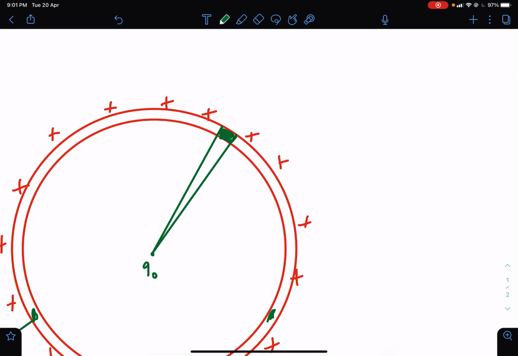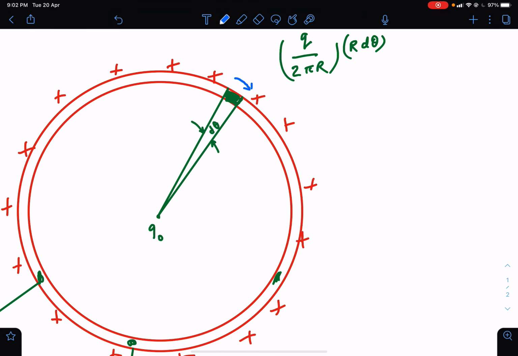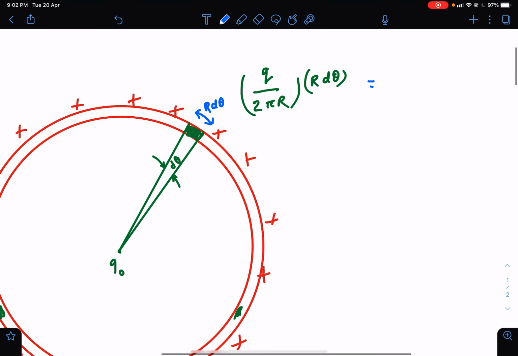Let's say this element is subtending d theta, and its charge is charge per unit length into the length r d theta. So the length I am talking about is this length here, r d theta. The charge on this element is q by 2 pi into d theta.